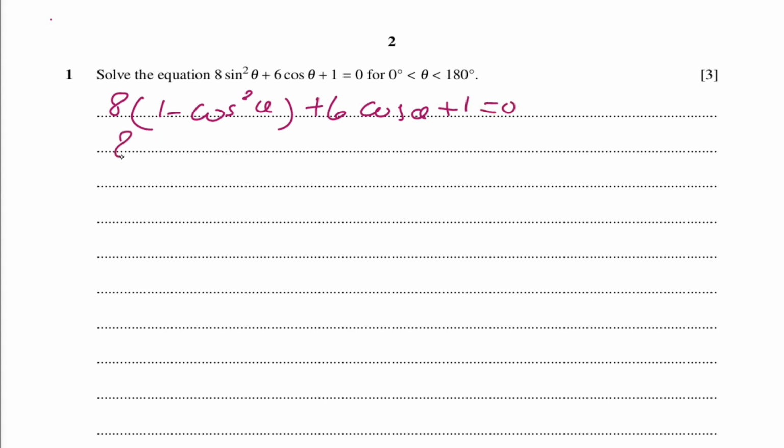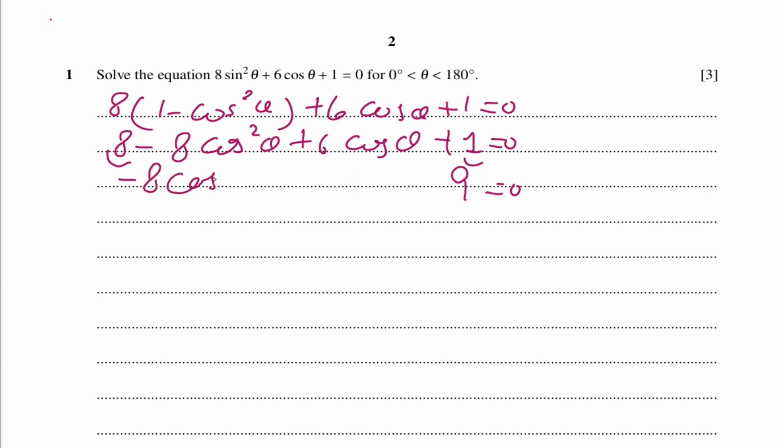By multiplying inside we get 8 − 8 cos² θ + 6 cos θ + 1 = 0. This 8 will be added to this 1, it will become 9, and here we get −8 cos² θ + 6 cos θ + 9.